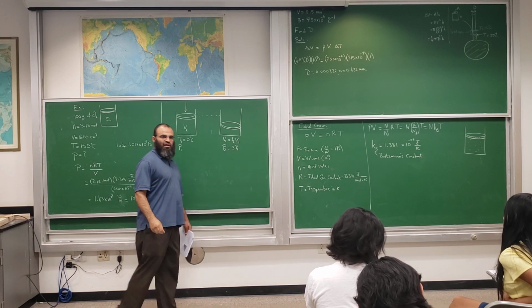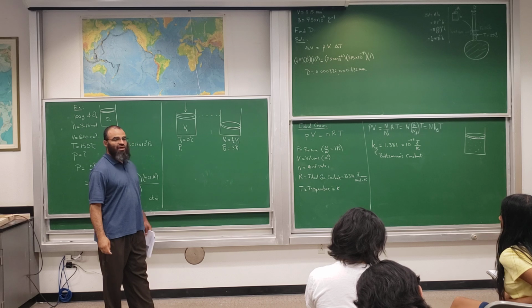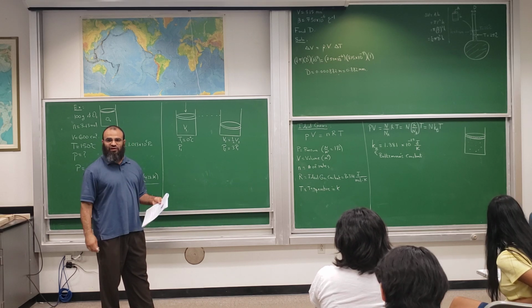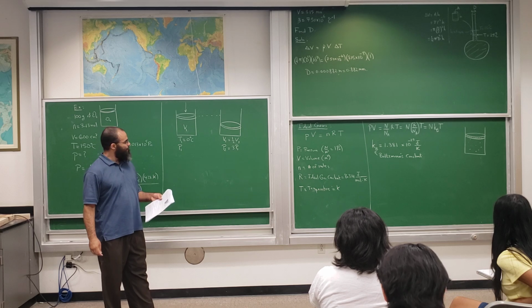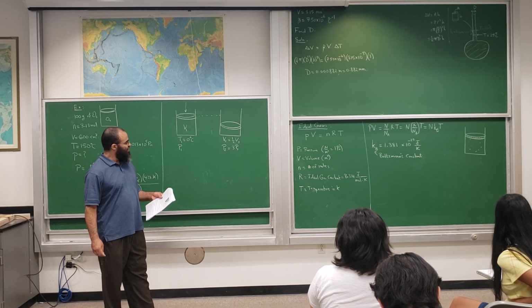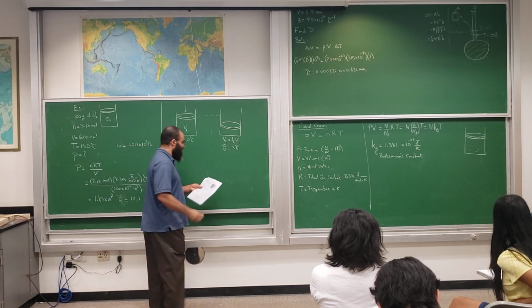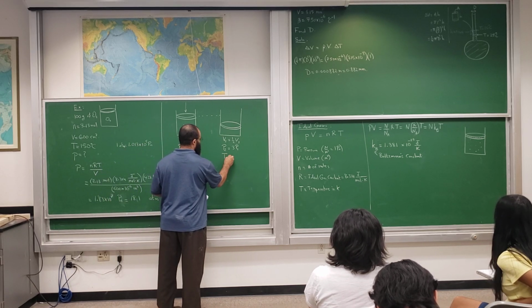The pressure tripled, and the volume became half as much. Usually, if you try to crush something, the pressure will increase. So that happened. And the question is, what's the final temperature?